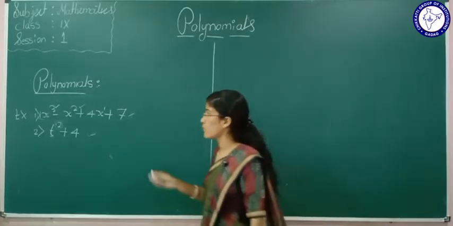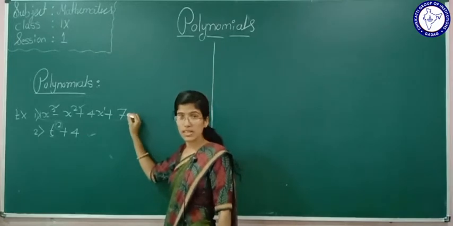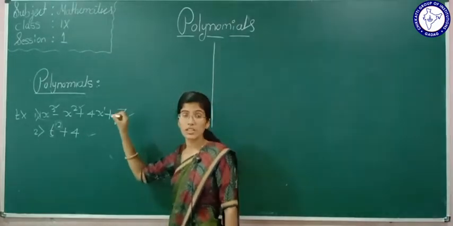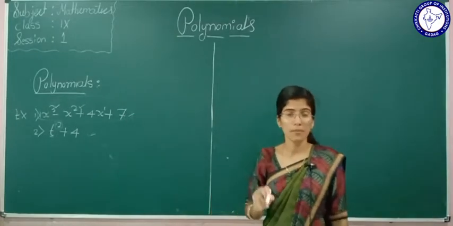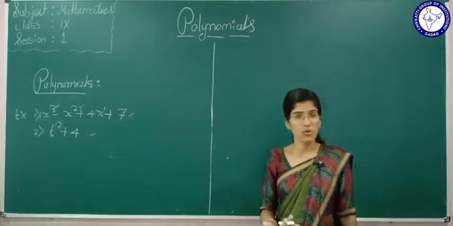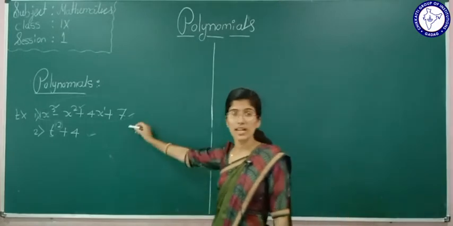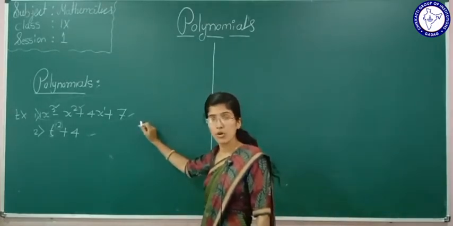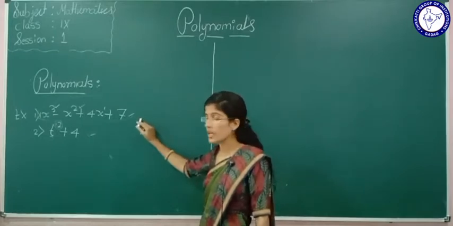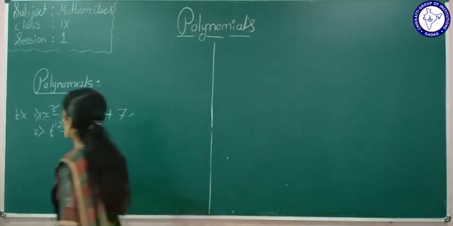Understand my point? Take one algebraic expression. In that algebraic expression, the variable's power should be a whole number. If the variable power is a whole number, then only we say that the algebraic expression is a polynomial. Okay. Now we will see one more example here.